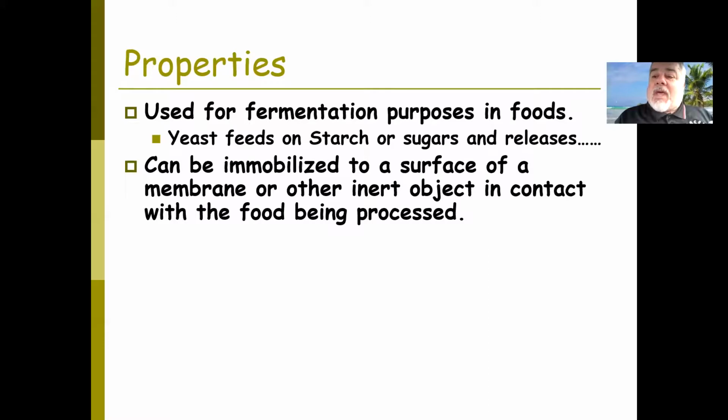Well, how do we do that? We created metal plates coated with catalyst. We can use metal plates or plastic plates or other kinds of membranes and coat them with enzymes. So these membranes are coated with enzymes that now can be used in the food processing.